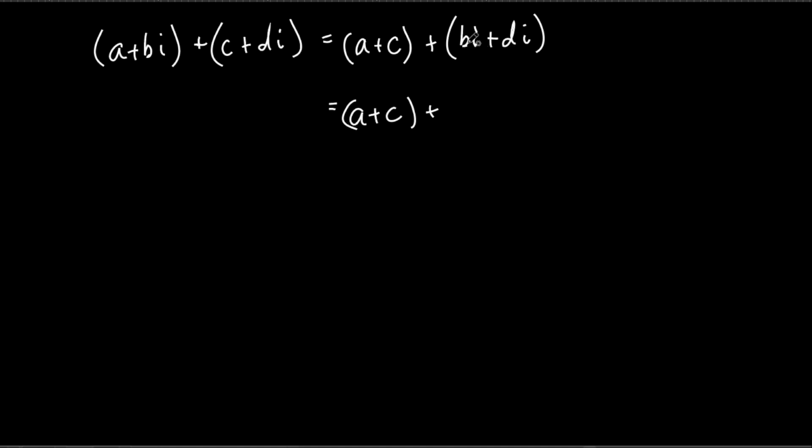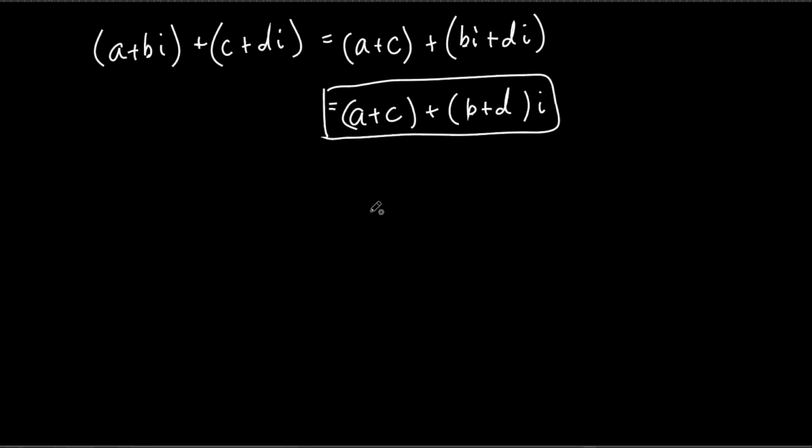In fact, we're going to factor. What's in common with both of these things? There's an i in common. Agreed? Okay. Normally you would put it in the front, wouldn't you? But we're not going to do that because remember how we write it? We always take that i and stick it on the end. So I'm going to factor out the i, and what's left if I factor out an i? Just b plus d. So this right here is how you would add up complex numbers.